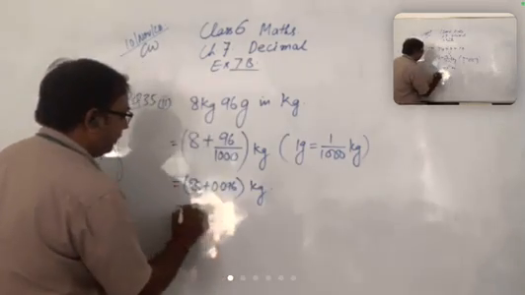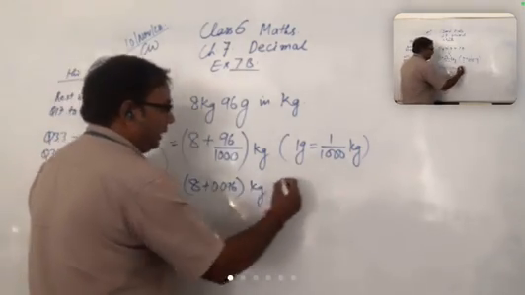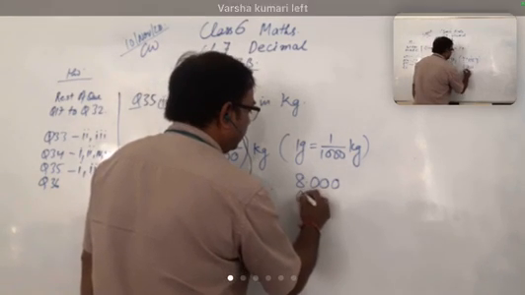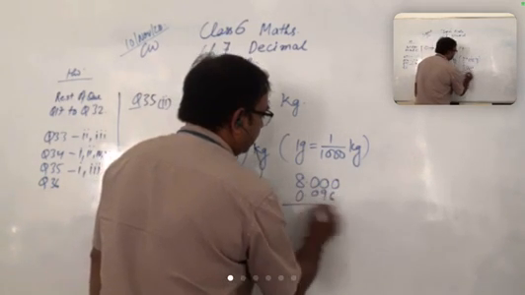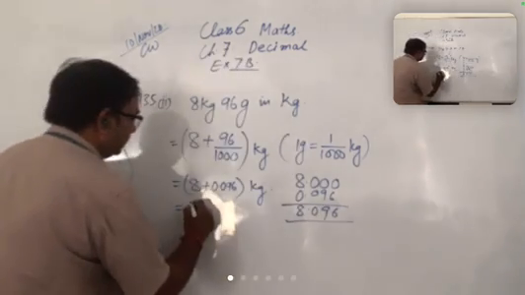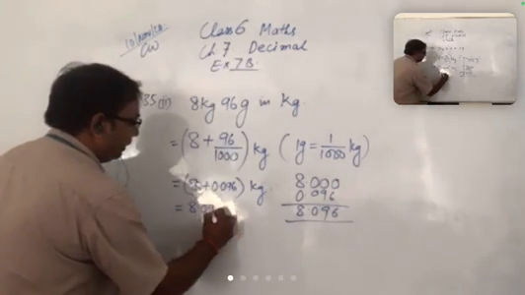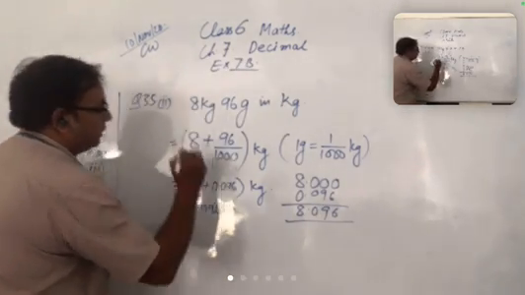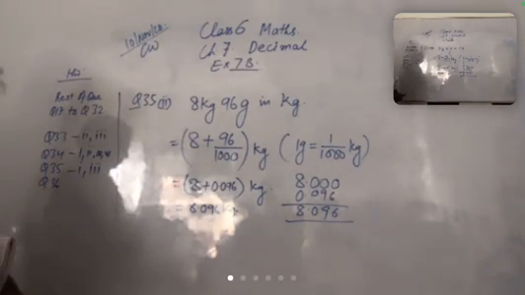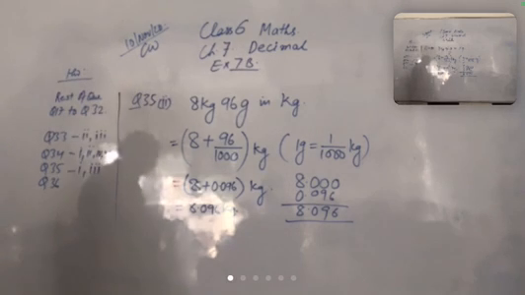Now the addition is 8.000 plus 0.096, so it will be 8.096 kg. Clear everyone?